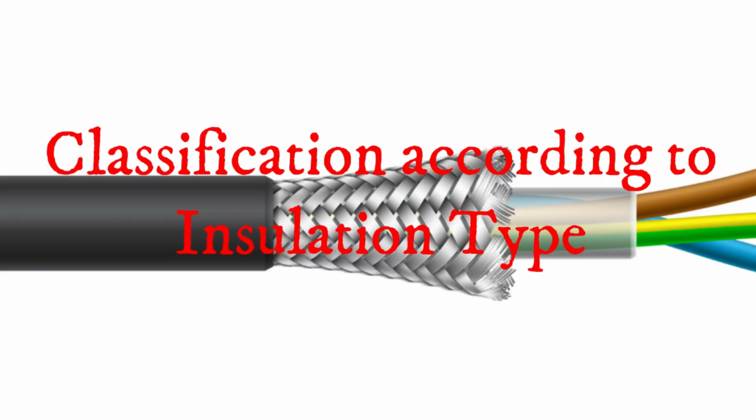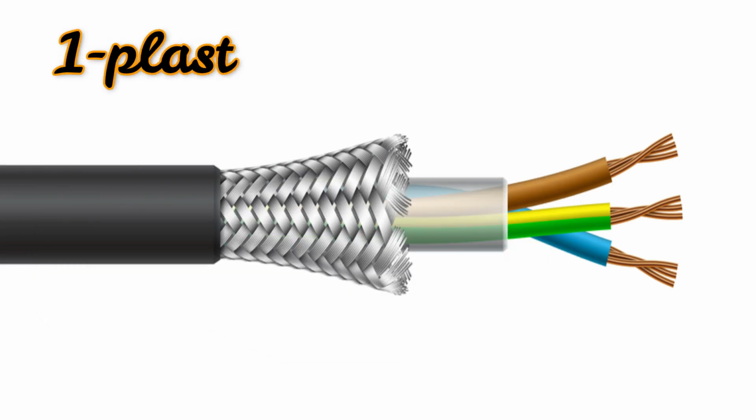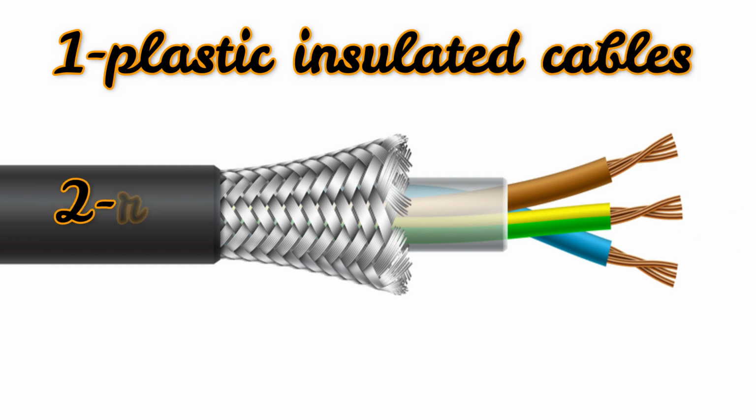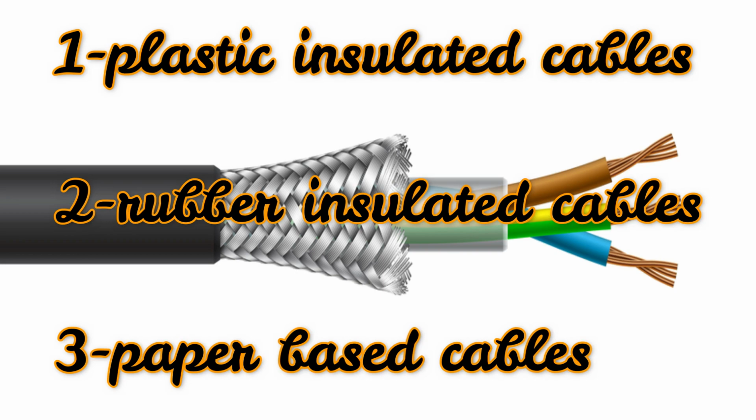Let's proceed to the classification of cables according to the insulation type. We can classify electrical cables based on insulation into three groups. We have the plastic insulated cables, rubber or thermosetting cables, and the paper-based cables.